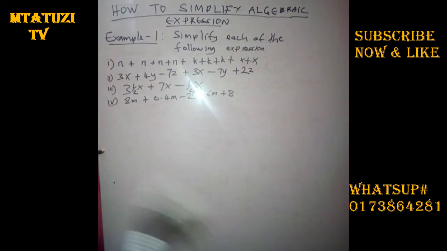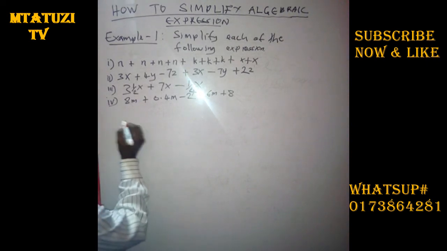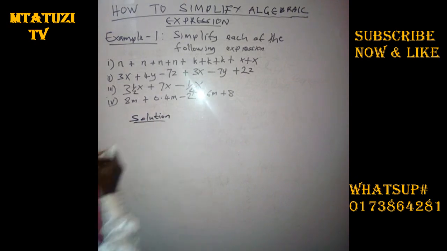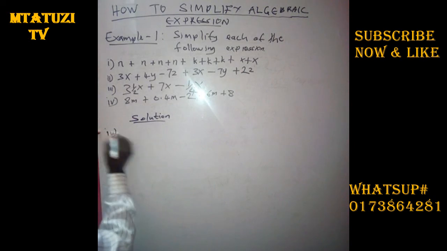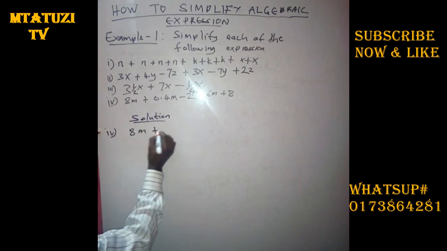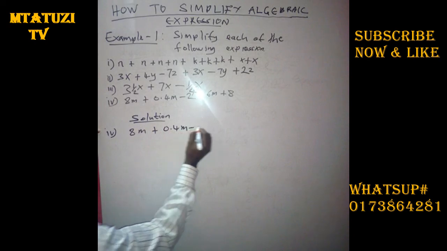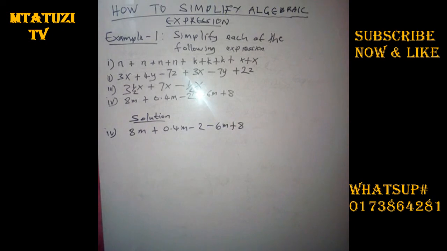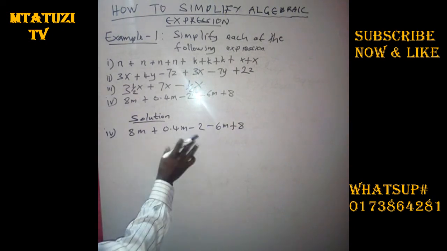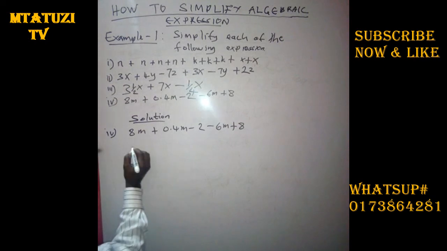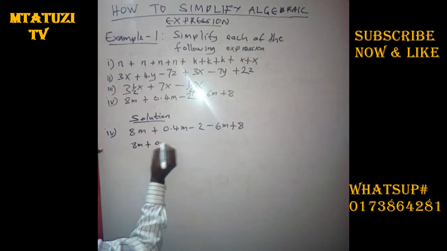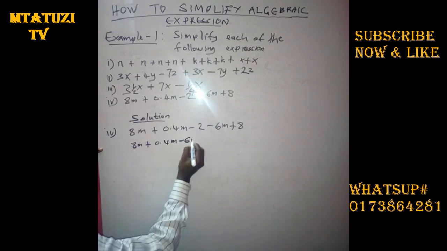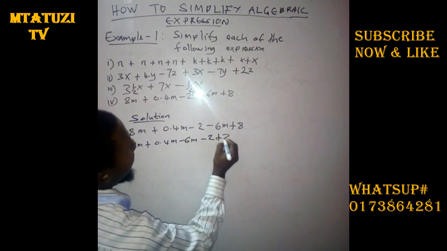Okay, now let's finish with the solution for question number 4. The solution for question number 4 is 8m plus 0.4m minus 2 minus m plus 8. So how to simplify? Arrange them, the numbers with letters, together. So 8m plus 0.4m minus 6m minus 2 plus 8.